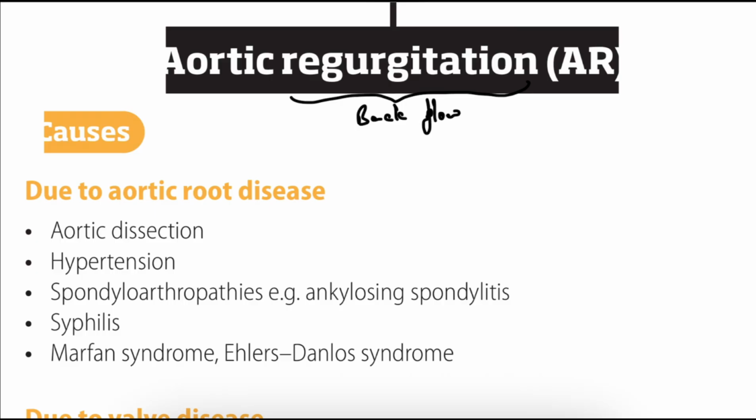Because of the incompetent aortic valve, during diastole the blood will flow back from the aorta to the left ventricle. Then the patient will get regurgitation.